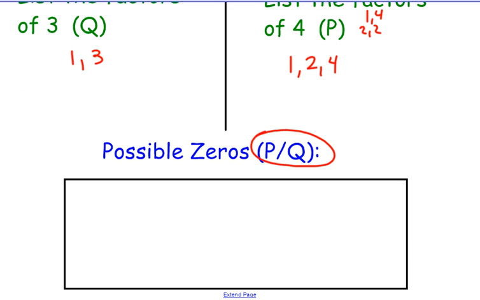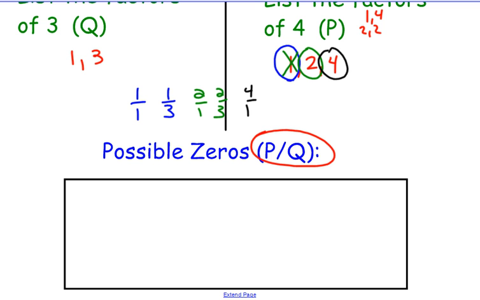I start with my first p of 1. 1 divided by 1, and I'm not going to put this in the box yet because I wait till I put my answer there. 1 divided by 1 is here, and then I do 1 divided by 3. See where I'm getting that? Then this is done, I go to the 2. 2 divided by 1, and 2 divided by 3. Next, I go to the 4. 4 divided by 1, 4 divided by 3.